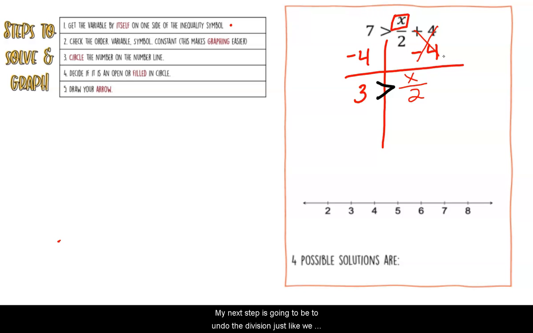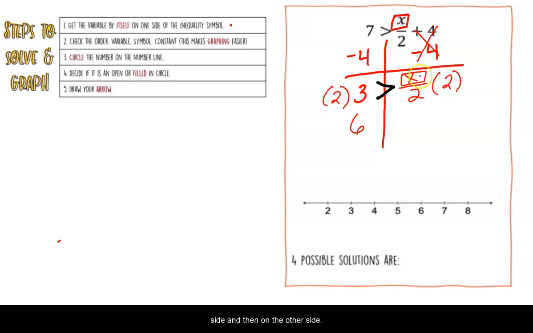My next step is going to be to undo the division, just like we would with an equation, by multiplying both sides by 2. We're going to undo dividing by 2 by multiplying both sides by 2. So now what we have is 2 times 3, which is 6 on this side. And on the other side, I can cancel that out.